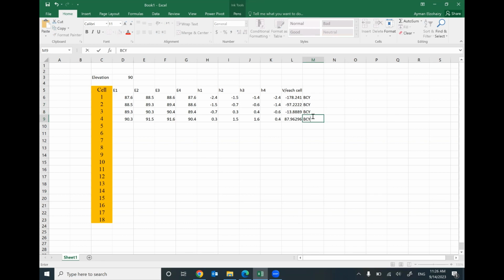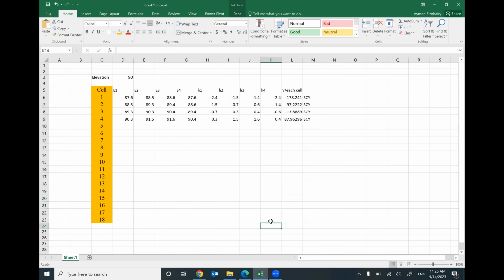If you have the full data for the whole area of your land, I will have a complete column here telling you what is the volume of soil needed for each cell. One of them may be positive, one of them may be negative. The positive means I need to excavate soil. The negative means I need to add soil.